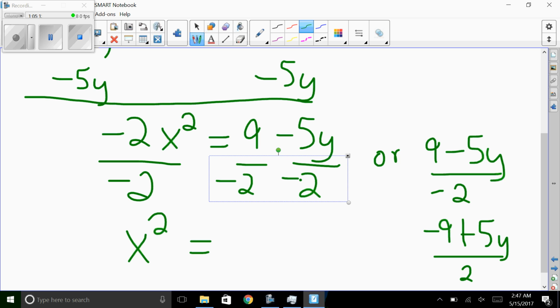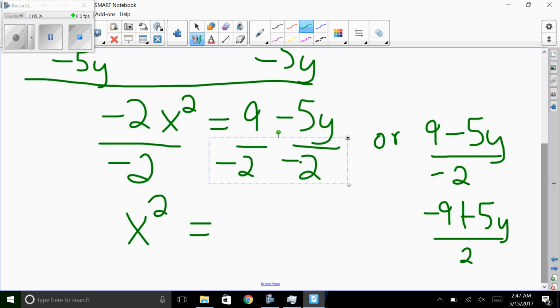Alright, so to take the square root of both sides, I feel like on a test they usually leave it like this.